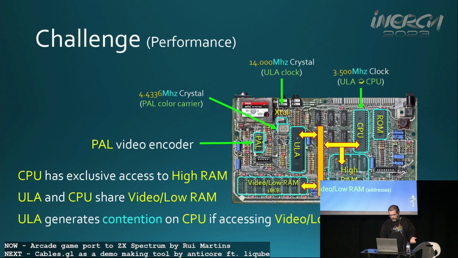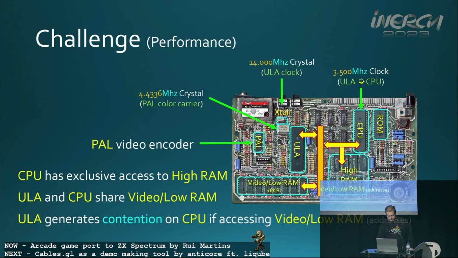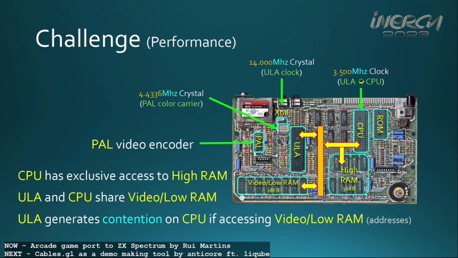So this obviously has contention, and the CPU will be slowed down if we are accessing the video memory when the ULA is trying to draw on screen. So we will be really slow like that guy if we are accessing the screen when the ULA is also accessing. So we have to account for this if we want speed.